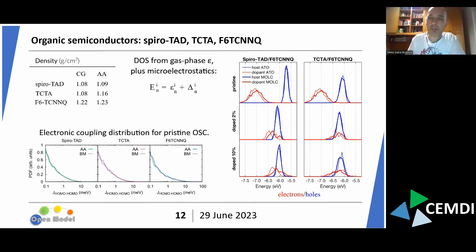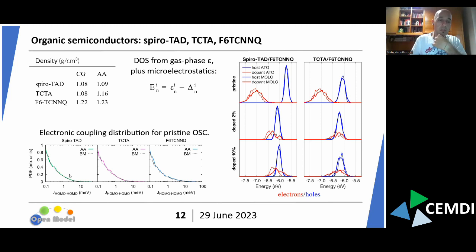And what we see here is that the reference DOS from atomistic calculations closely matches those from coarse grain calculations, which are the thick lines. And also, we plot here the distribution of the electronic coupling, computed between pairs of molecules. Here I show the pristine samples.